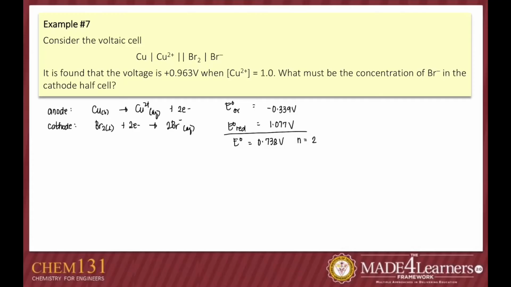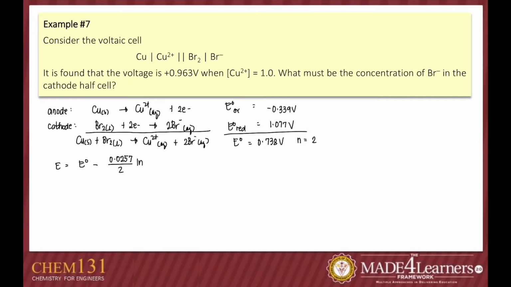So for the Nernst equation, E equals standard cell voltage minus 0.0257 divided by 2 ln of, we still have to write the final equation.